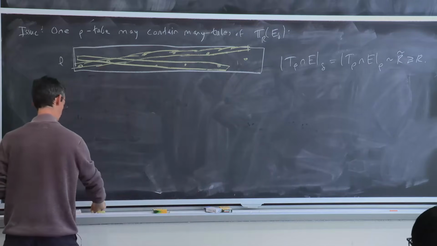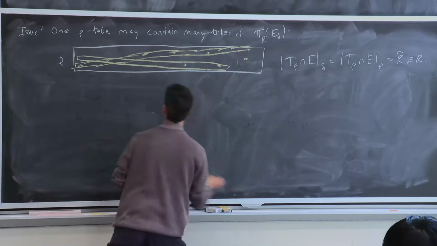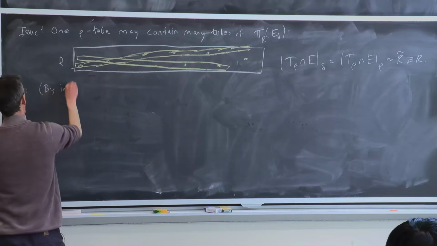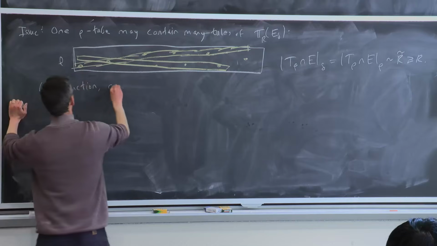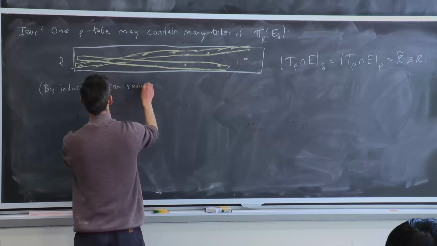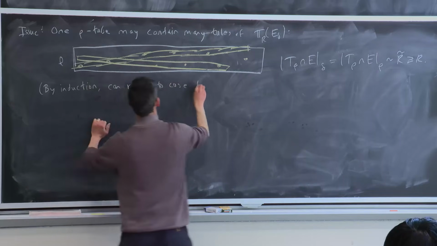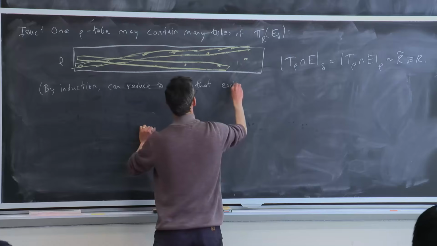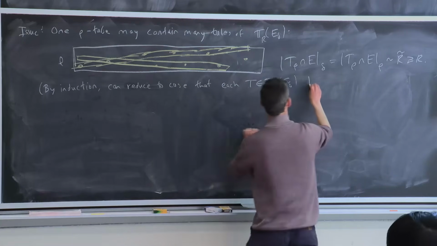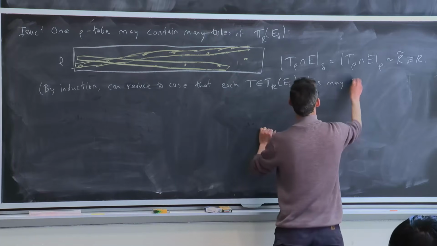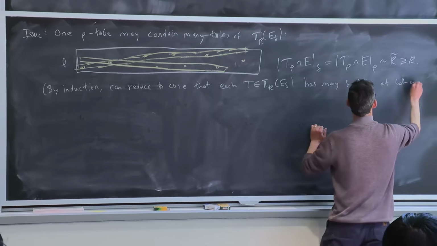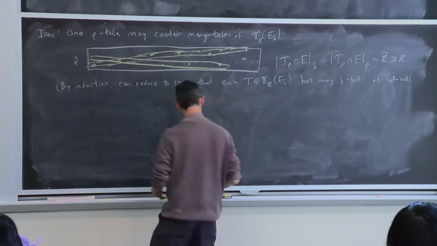So by induction, we can assume, or we can reduce to the case that each tube in T_R of E delta has many delta balls at both ends.